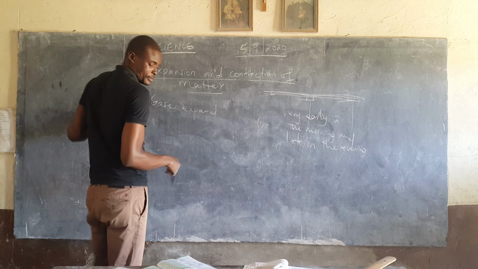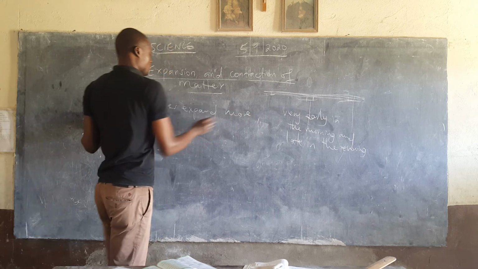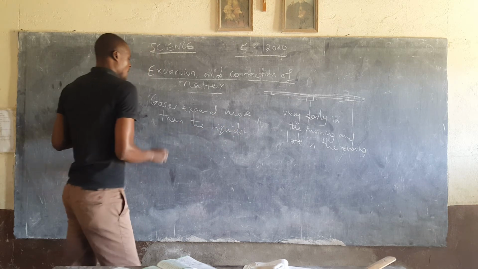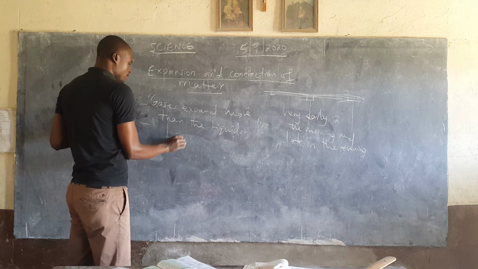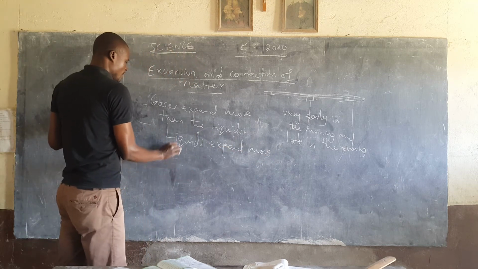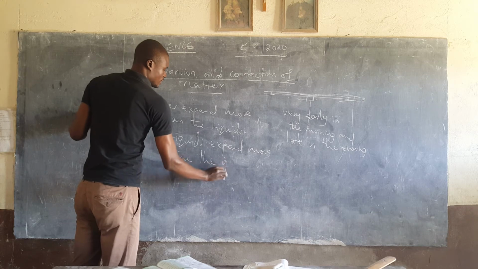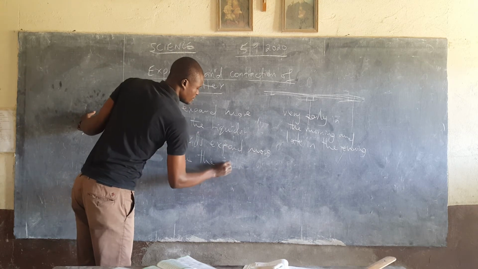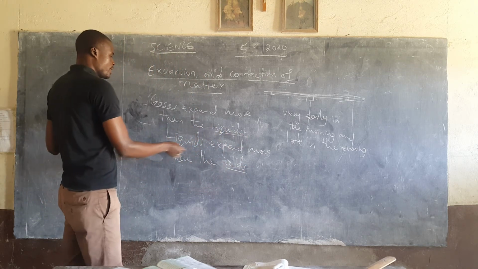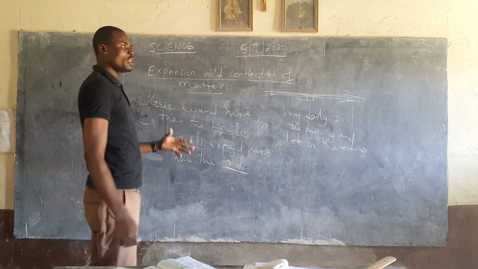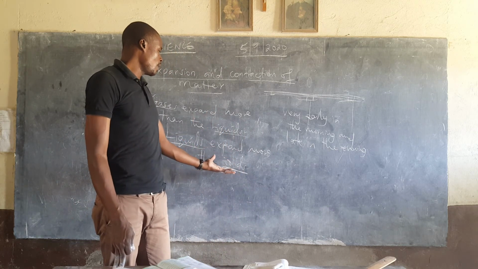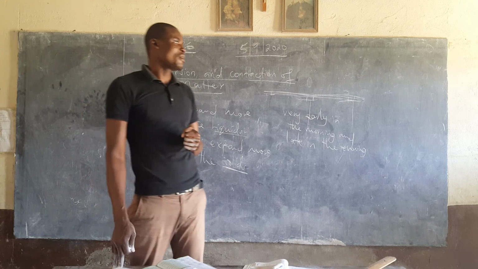So gases expand more than the liquids, and liquids expand more than the solids, meaning solids expand the least, followed by liquids, and then gases expand more than all of them.